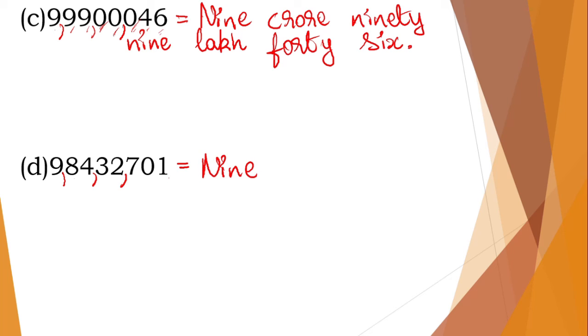And after 9, we'll check the digits. So we have 1, 2, 3, 4, 5, 6, 7. So after 9, we have 7 digits and 7 zeros, as I said, we have in crore. So it will be 9 crore. And after we have 84. So 84 will come.